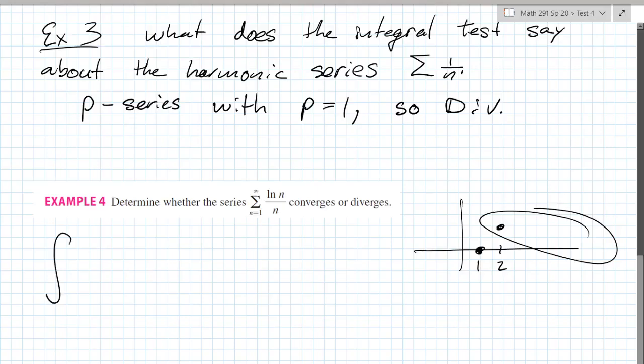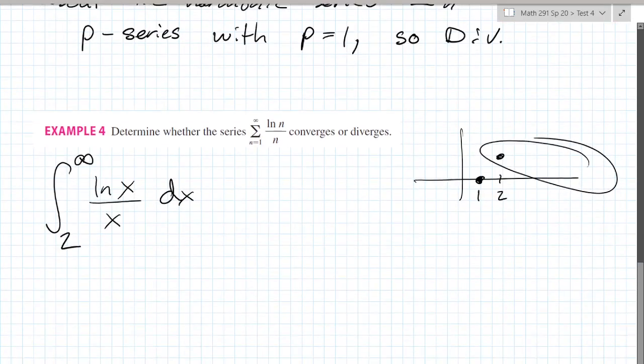So if we've got the integral from 1 to infinity, or if you want, we could go from 2 to infinity if you're not convinced that using 1's okay, the ln of x divided by x dx. This is a u substitution problem where we can do the substitution in our head. U equals the ln of x, so du equals 1 over x dx.